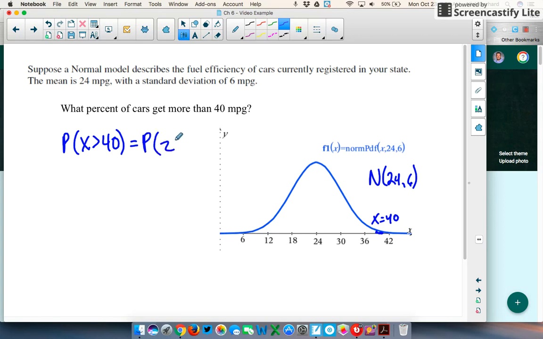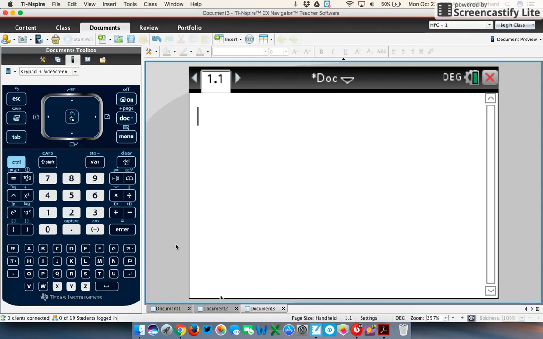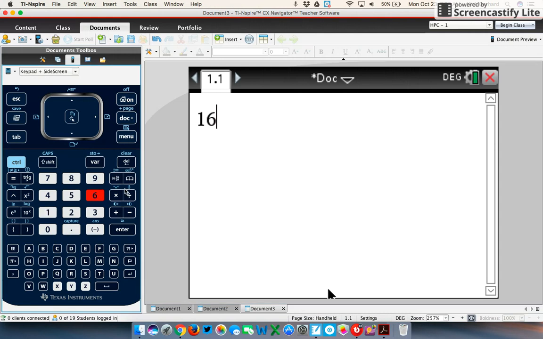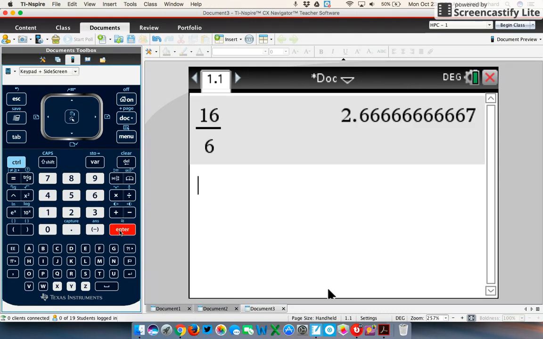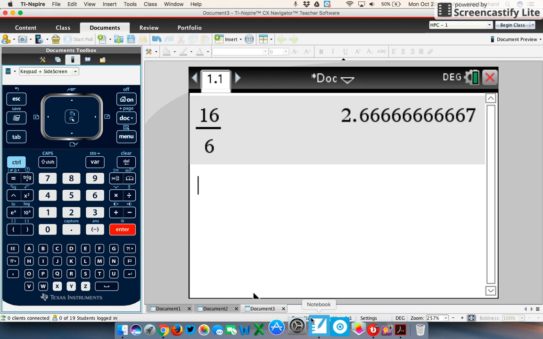So z equals 40 minus 24 divided by 6. What is that, 16 divided by 6, 2.67.